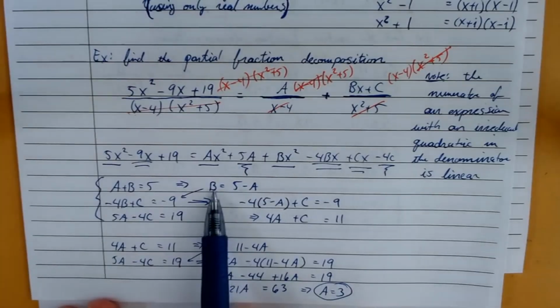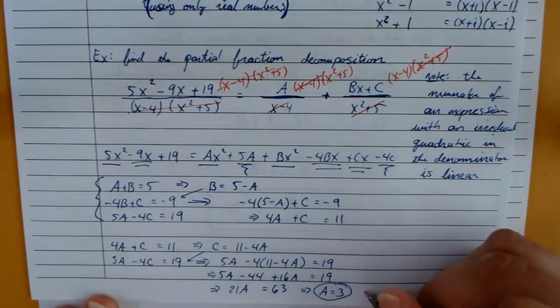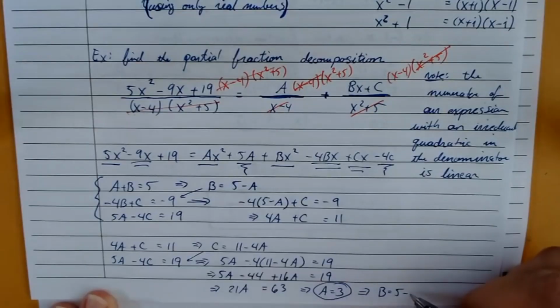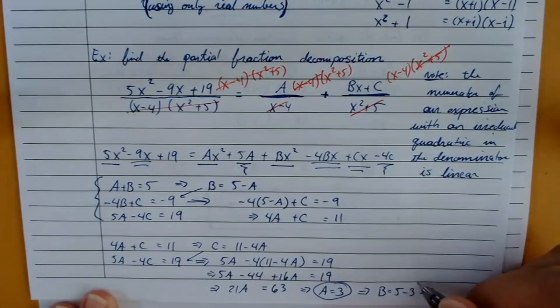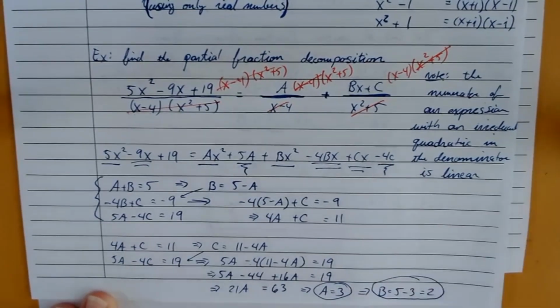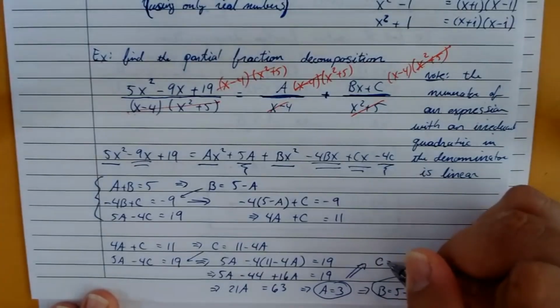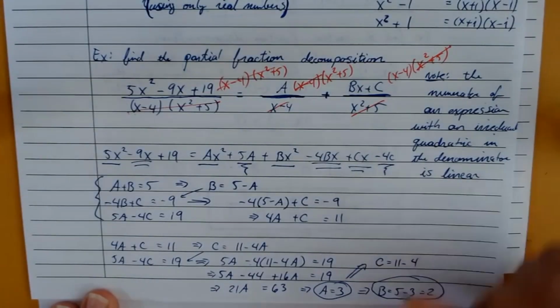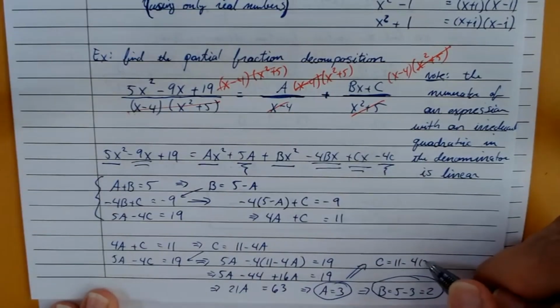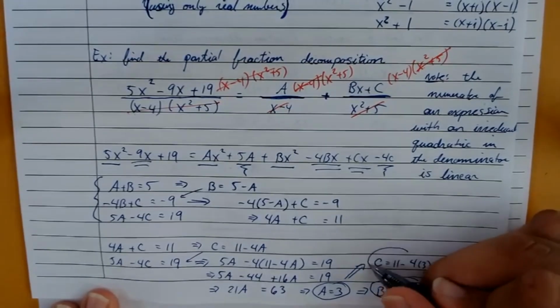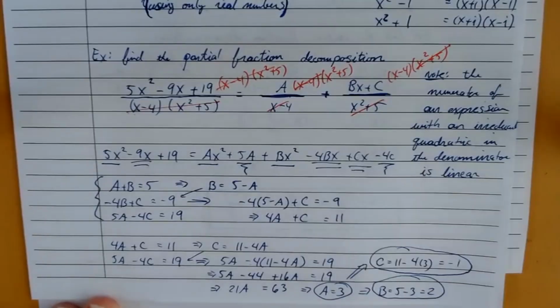Oh, but we know that b is equal to 5 minus a. So that means b is equal to 5 minus the a we just found, 5 minus 3. So b is equal to 2. And we know that c is equal to 11 minus 4 times a. So that gives us c equals 11 minus 4 times 3. And that's 11 minus 12, which is negative 1. So that gives us our result.